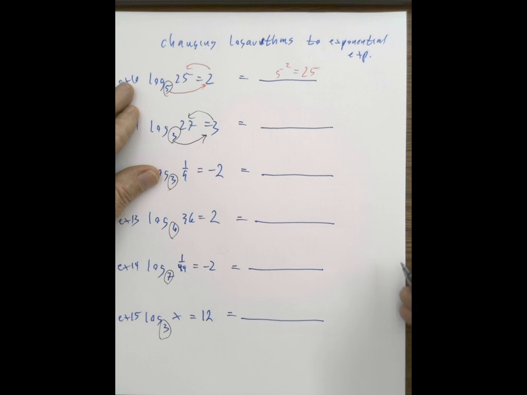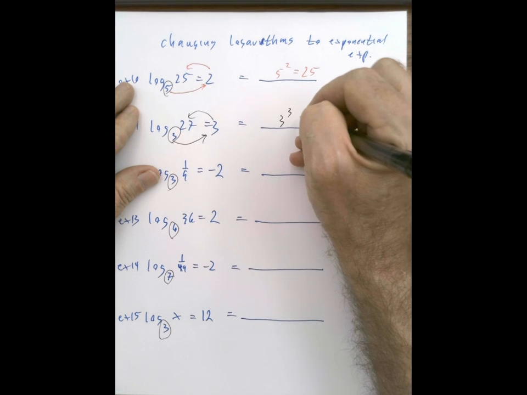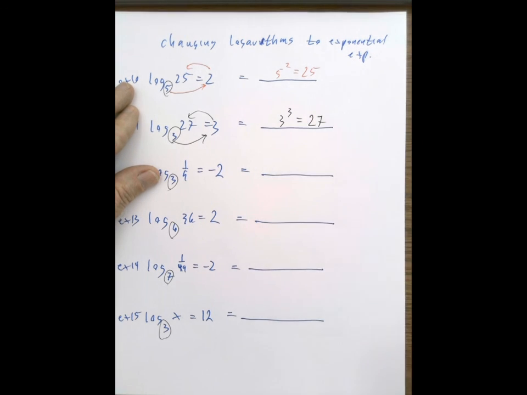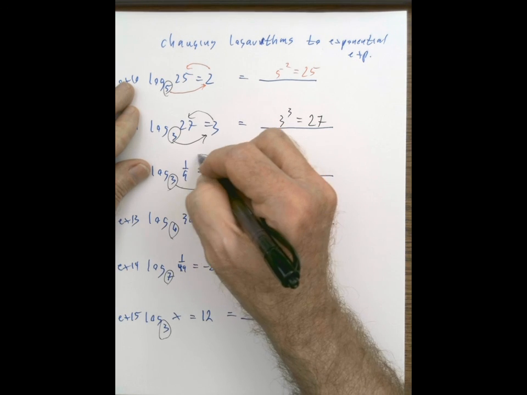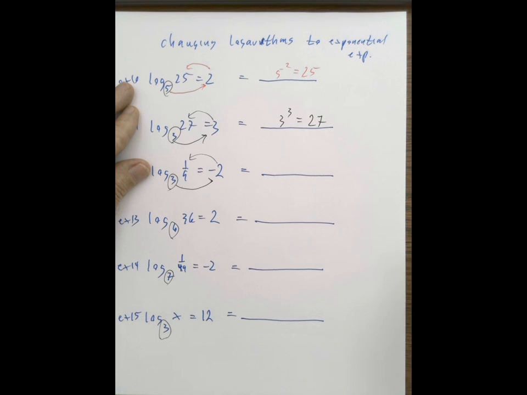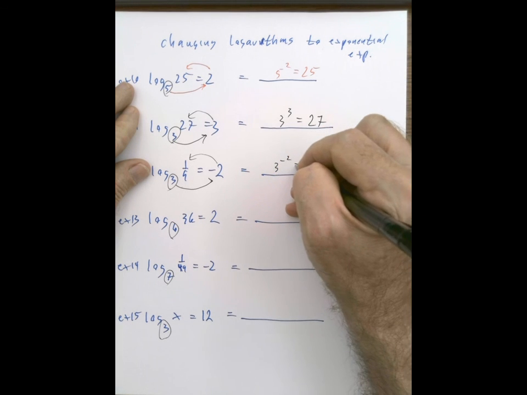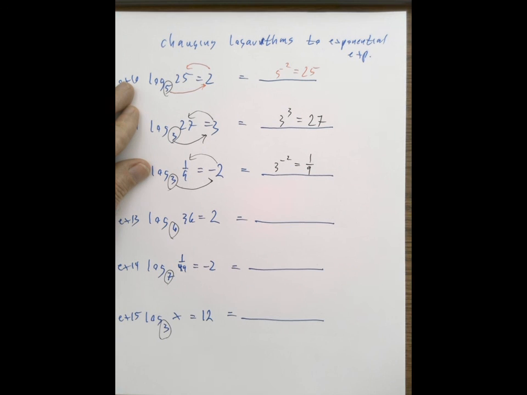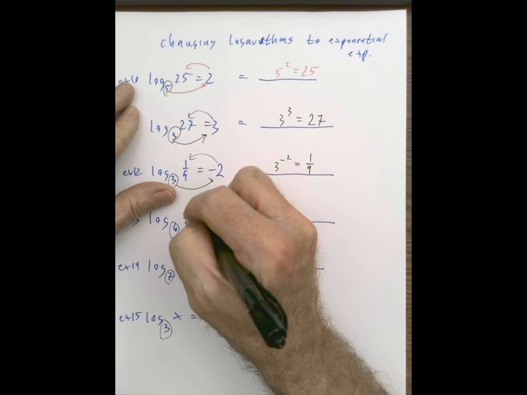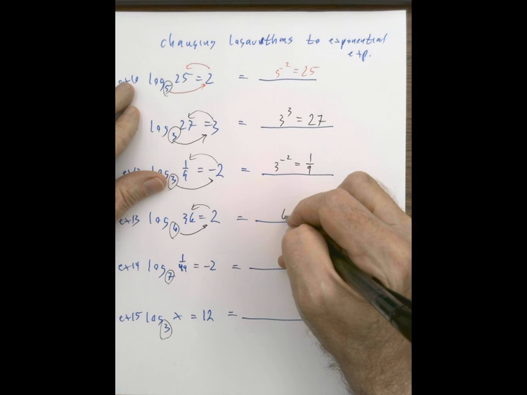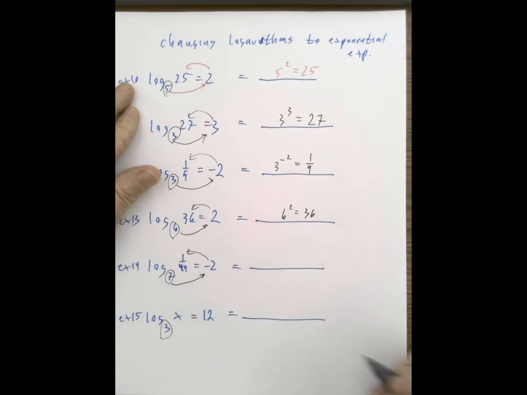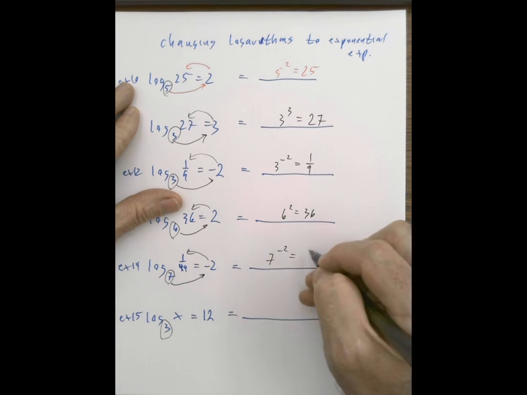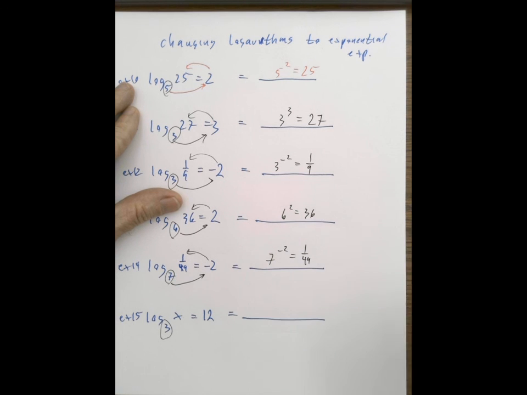Inside the log expression, 3 to the third power is 27. Here is the exponential expression. 3 to the negative 2 is 1/9. Here is the exponential expression. 6 squared is 36. Here is the exponential expression. 7 to the negative 2 is 1/49.